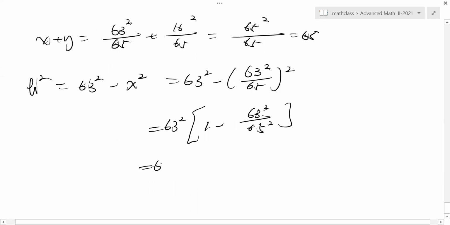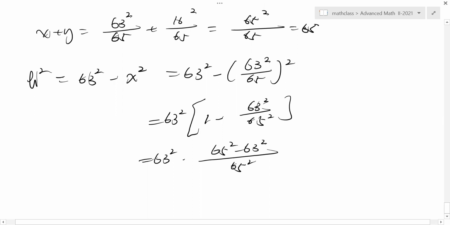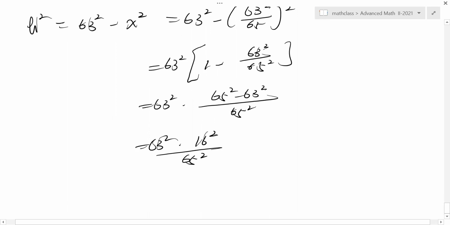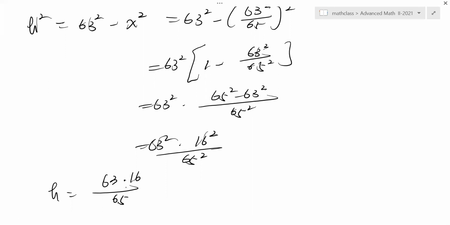So the numerator will be 65 squared minus 63 squared, and that's just 16 squared. Then over 65 squared, so this is a perfect square. So H is going to be 63 times 16 divided by 65. So that's what we get. You can multiply this out, or we can leave it like that.